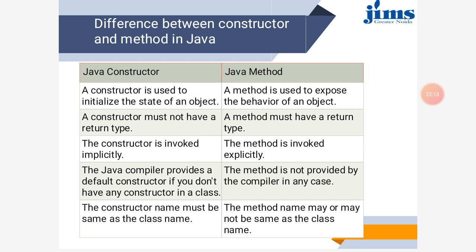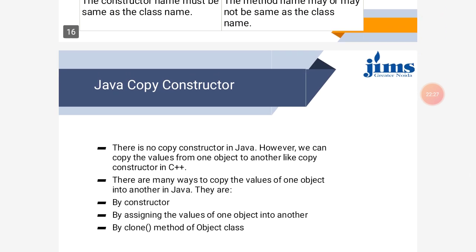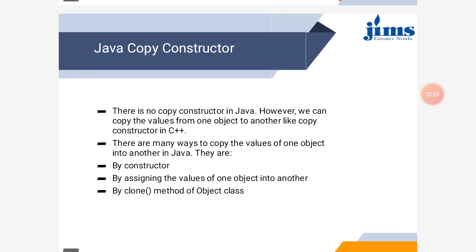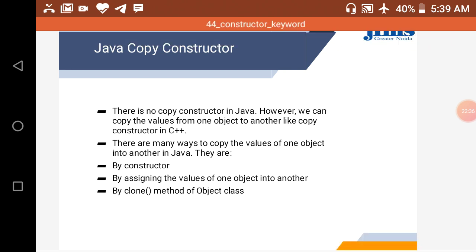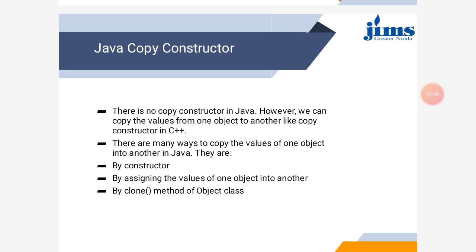The constructor name must be the same as the class name. Obviously, without that you will not be able to create an object. But method name is not the same as class name. Copy constructor. See, in C++, we use copy constructor to copy the value of one object into another one.